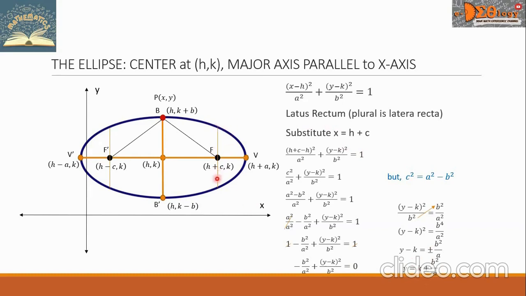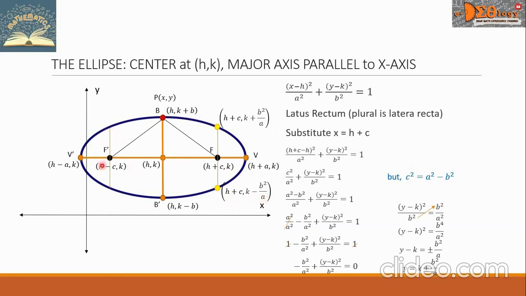This is the latus rectum. The endpoints have coordinates (h plus c, k plus b squared over a). The other endpoint has coordinates (h plus c, k minus b squared over a).